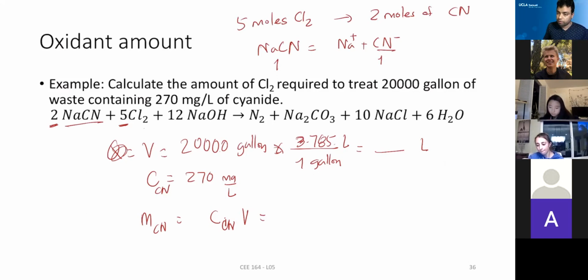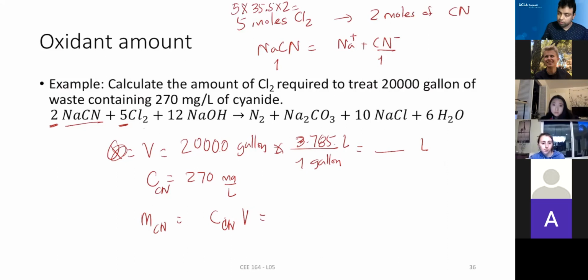So 5 moles of chlorine means how many grams? The atomic weight of chlorine is 35.5, and you have 2 chlorine atoms, so 1 mole of Cl2 is 35.5 times 2.